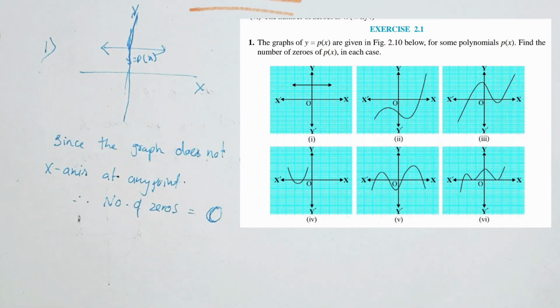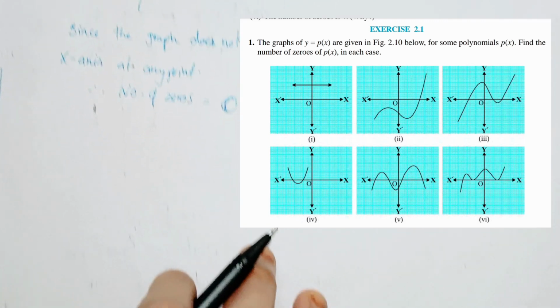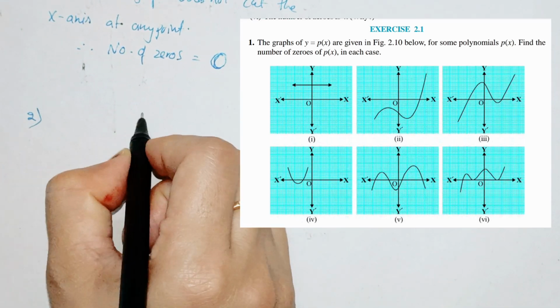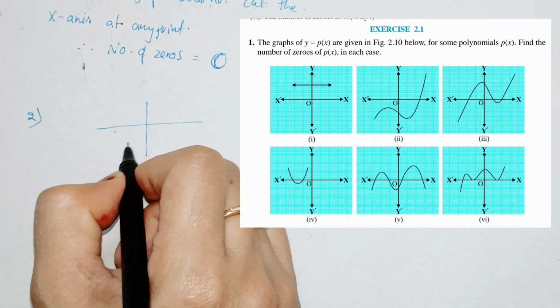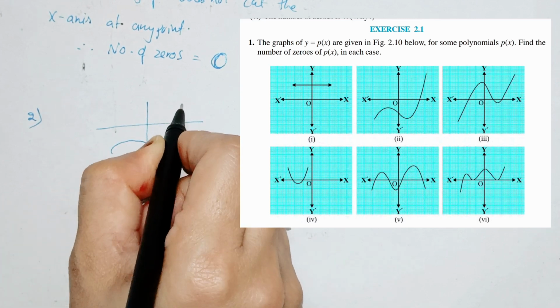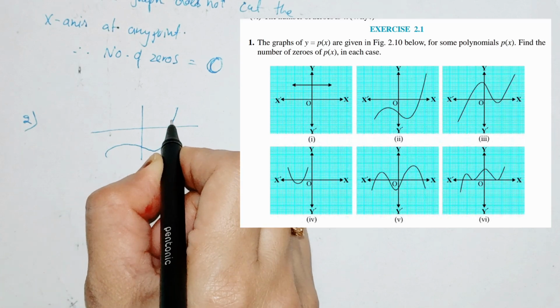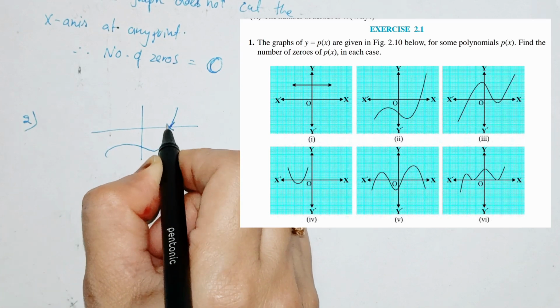Just look at the second graph. The graph is in this way. Here this graph touches or cuts the x-axis at only one point.